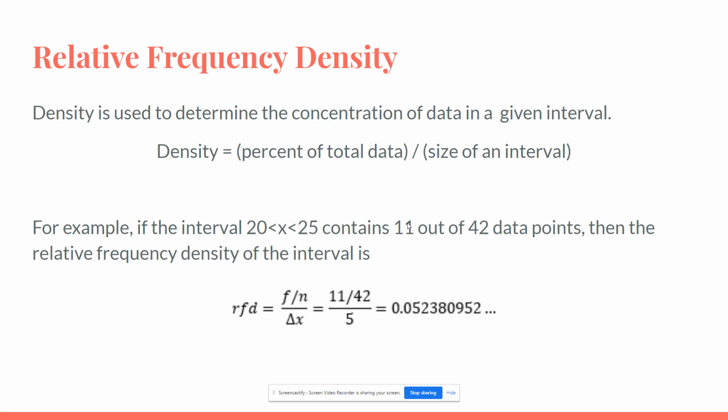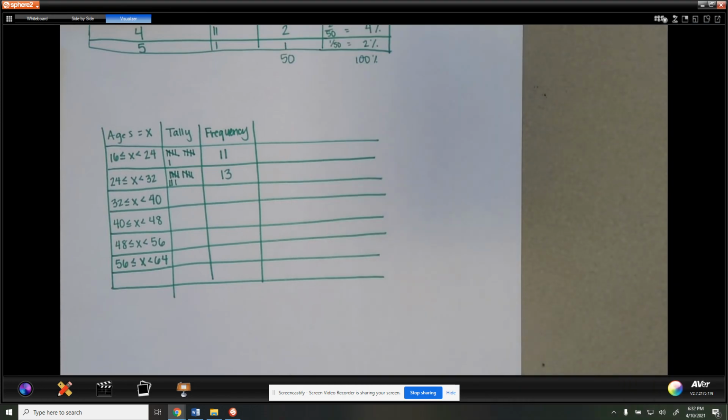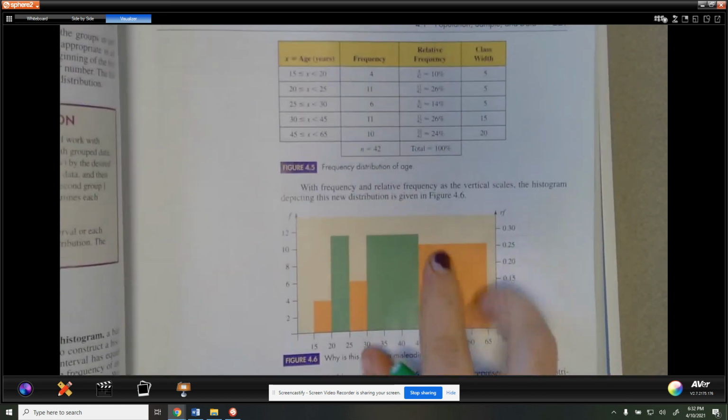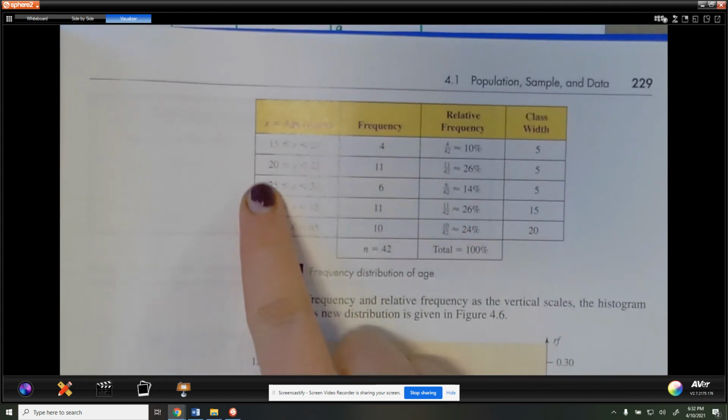All right, relative frequency versus density. Let's first talk about why this is important. I want to show you part of your textbook. All right, this now is the same information, but let's say we grouped these ages differently and we group them like this, not equally.